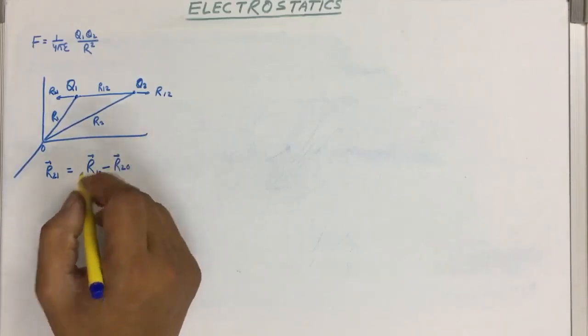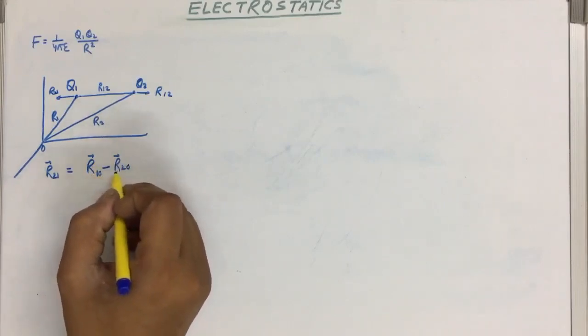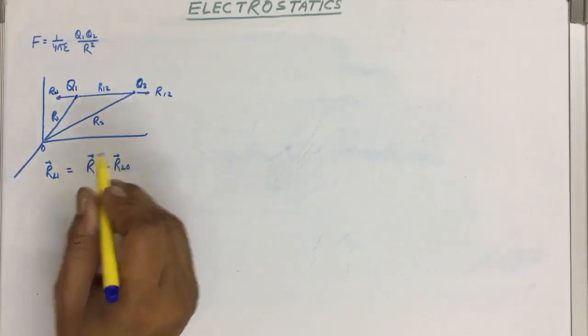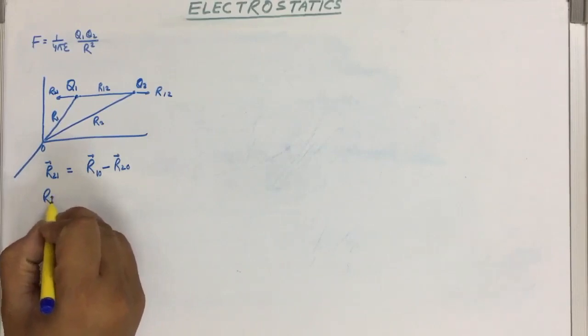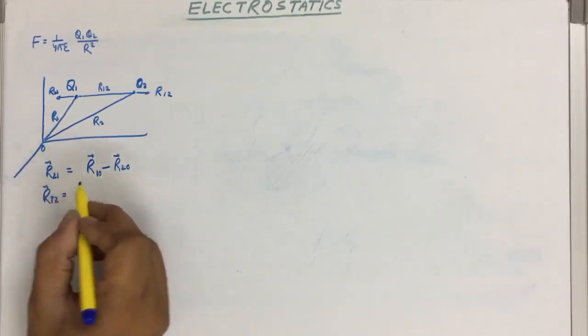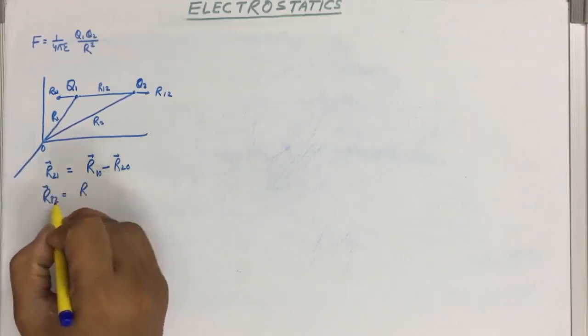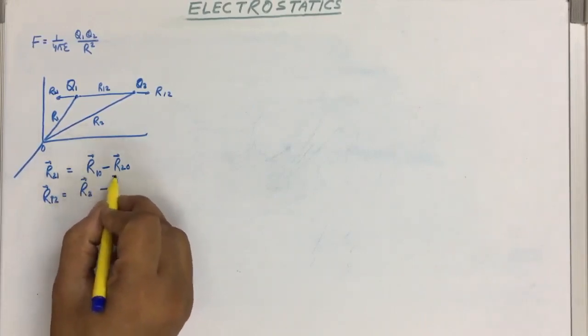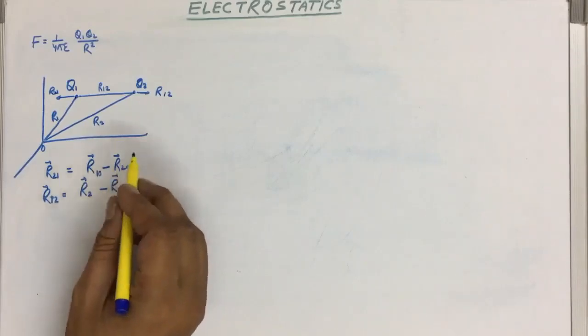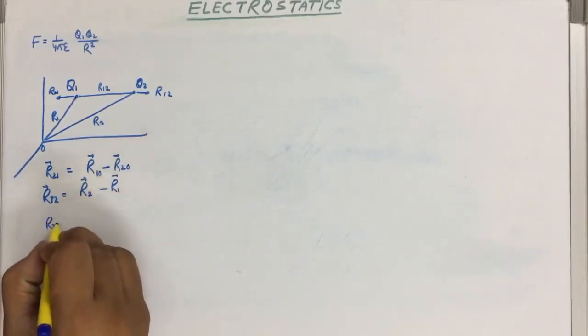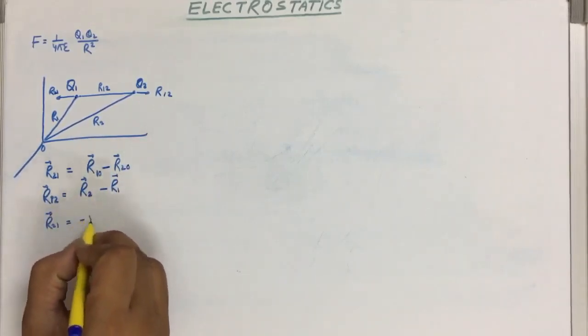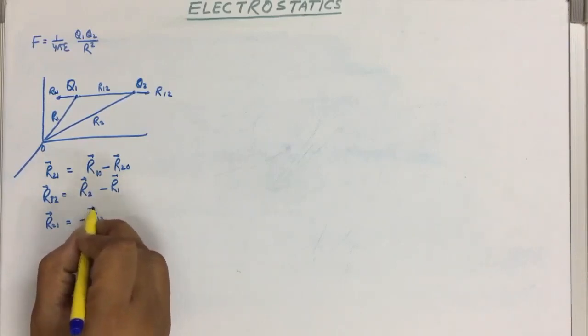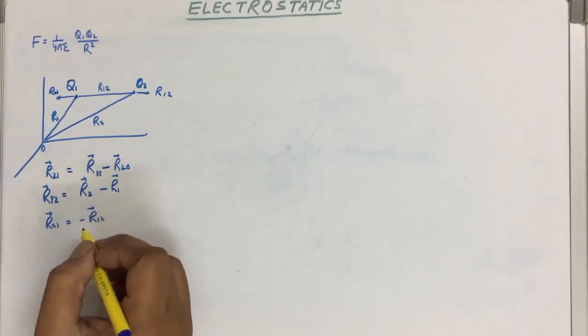So r21 can be written as r1 minus r2. Similarly, r12 can be written as final minus initial. If we correlate these two, we find that r21 is equal to negative of r12.